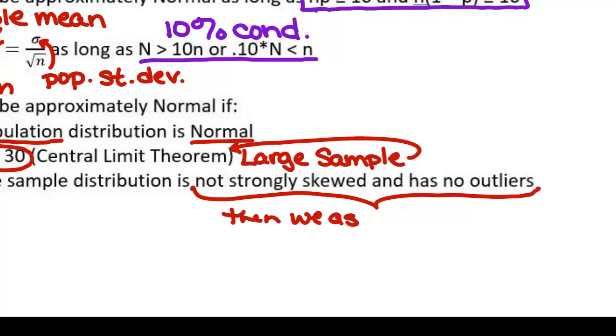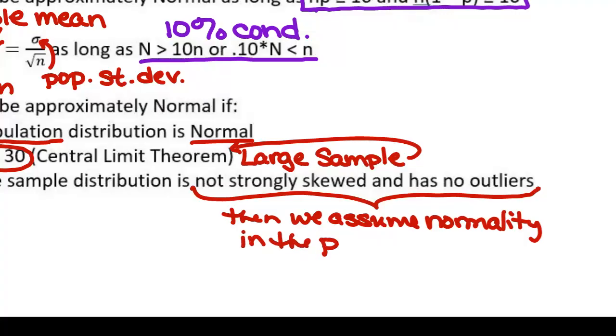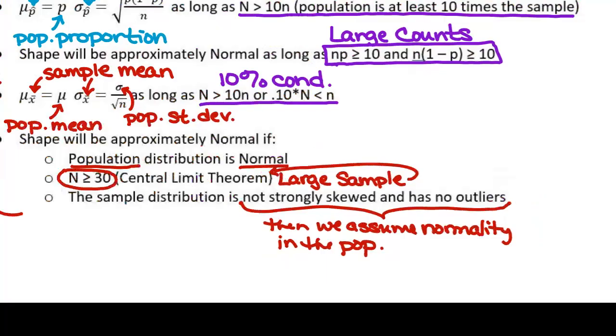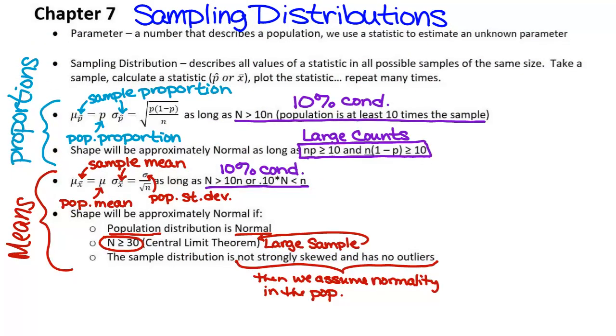And then we will assume normality in the population. But we have to have some evidence for it. If we're going to assume that the population is normally distributed, then we have to be able to point to our evidence and say, well, our sample didn't have any outliers or strong skew, so we're going to assume that the same is true for our population.